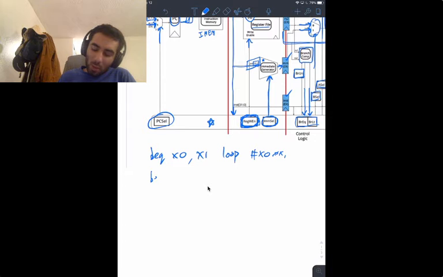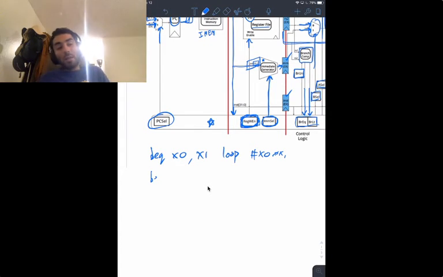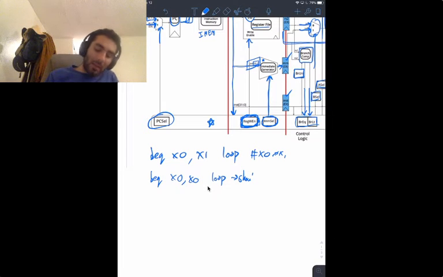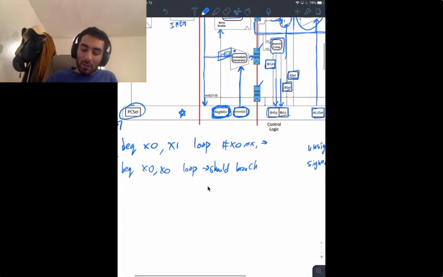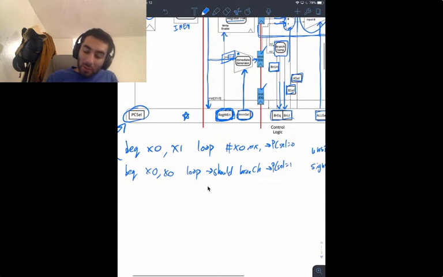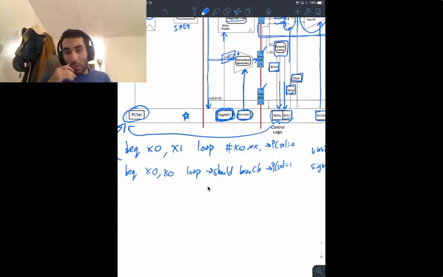So in hardware, what is the difference between branching and not branching? It all has to do with PC select. If I should branch, then PC select should be 1. If I should not branch, then PC select should be 0. So in this case, PC select should be equal to 0, and in this case, PC select should be equal to 1. So therefore, these signals are intimately connected to PC select. And you implemented this in your project 3.